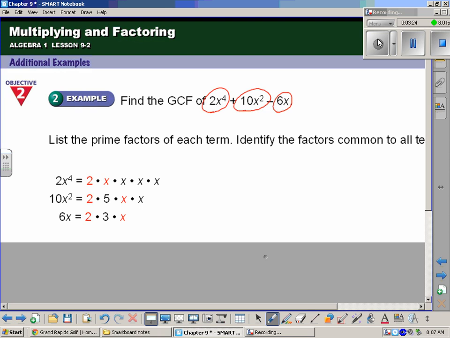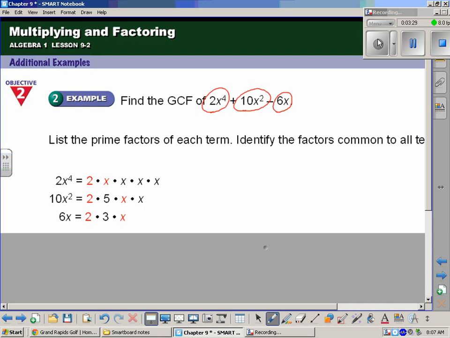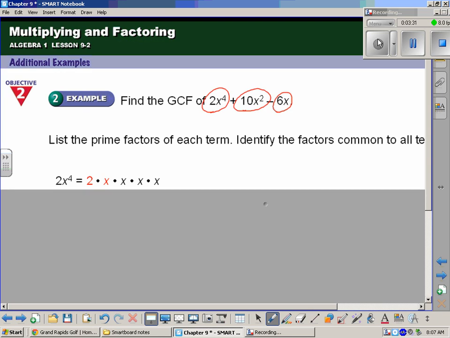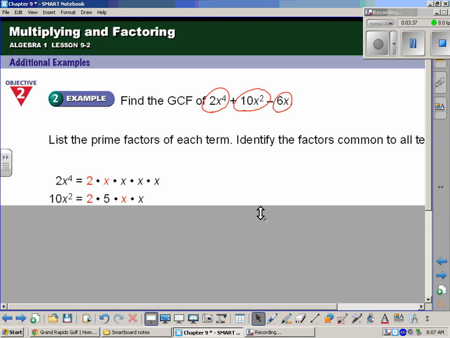We're going to break it down. In 2x to the fourth, we have 2 and four x's. Pretty simple. Same thing with 10x squared. We have a factor of 2, times 5 to get us 10, plus the two x's.